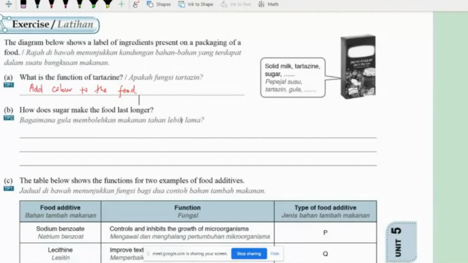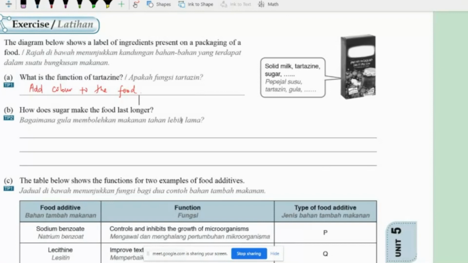Michelle, right now, the sugar draws the water out of the cell of the microorganism and retards the growth of the microorganism. Yes, correct. So actually, it can draw the water out of the cells of the microorganism because it produces a very sweet medium. Very good.